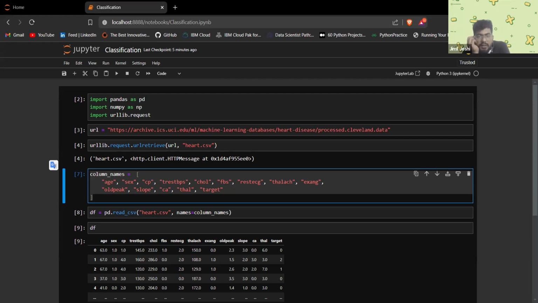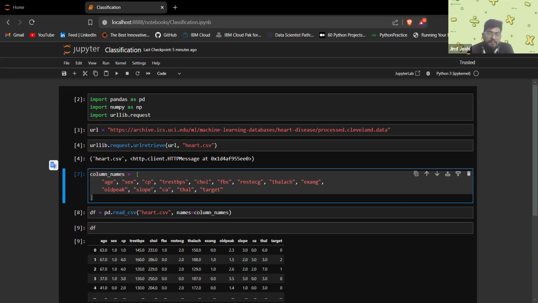Okay. Then we have something called FBS. It's basically the fasting blood sugar level of the particular person. Rest ECG is basically resting electrocardiographic results. It might be encoded as different types of abnormalities detected in this ECG report. It basically provides information about the heart's electrical activity and the potential cardiovascular condition of the person.